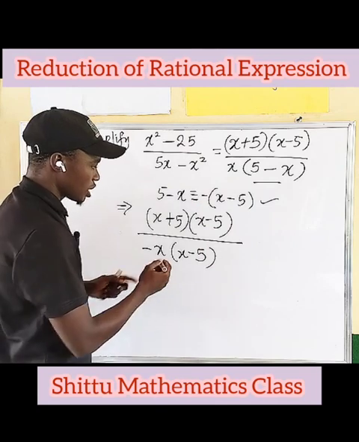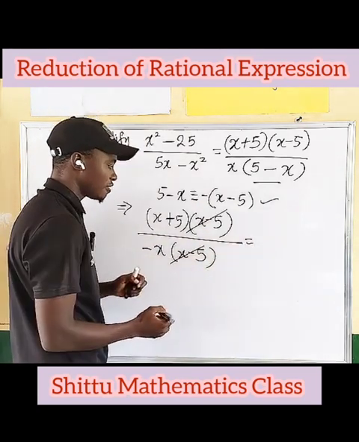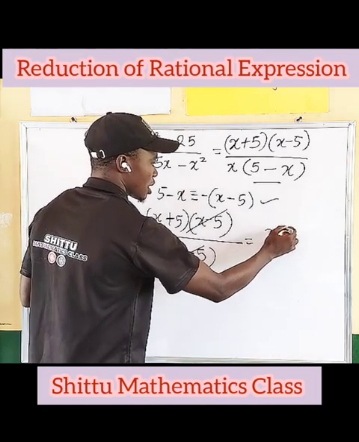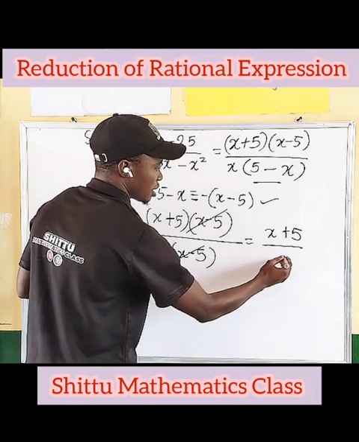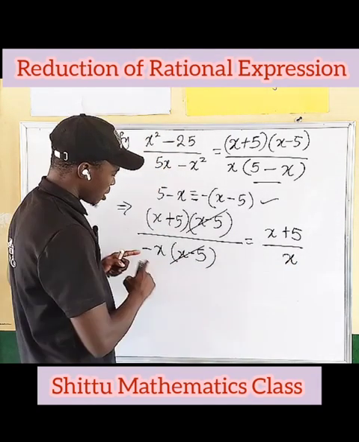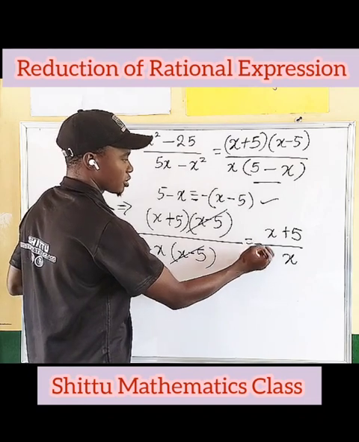Now when you look at this, you can see that this will actually cancel this. So we have a solution to be x plus 5, divided by x. What about this minus? We can put the minus here. Are you getting it now?